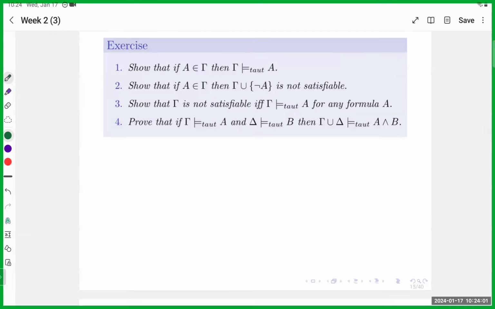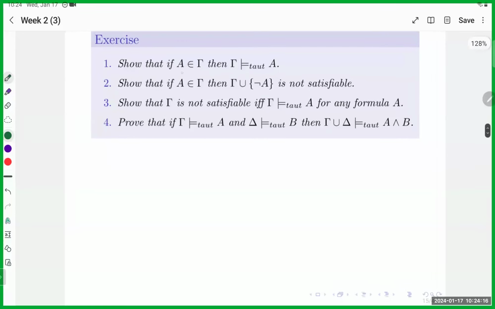Show that if A is in gamma, then gamma tautologically implies A. This is again kind of a trick question because it's basically obvious. If A is in gamma, that means A is a hypothesis, so if A is a hypothesis, you can conclude A. So this is basically trivial.